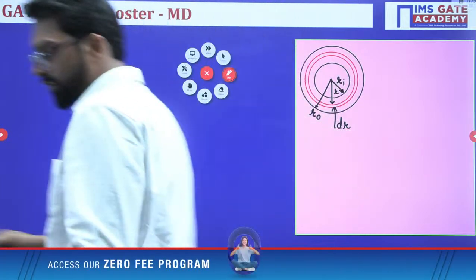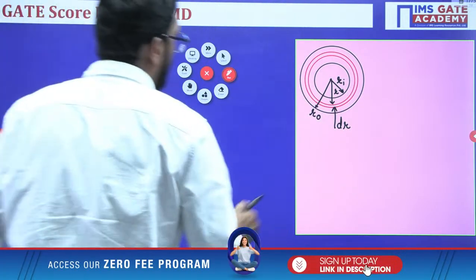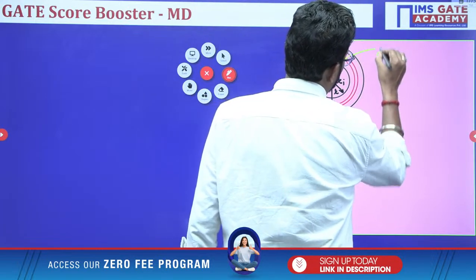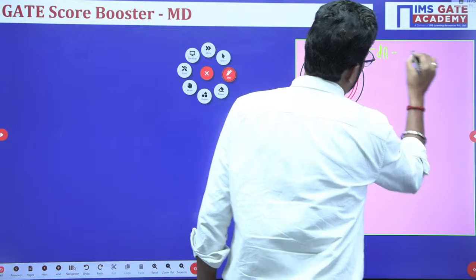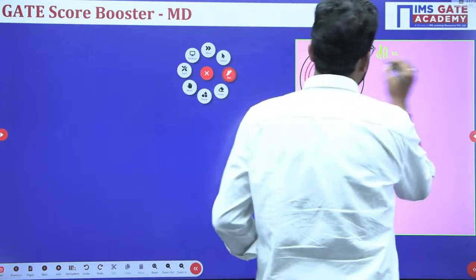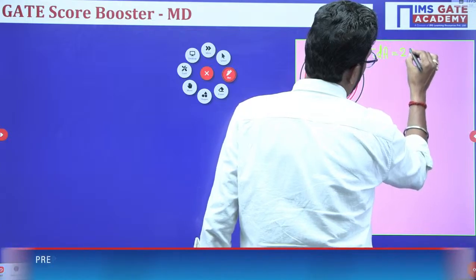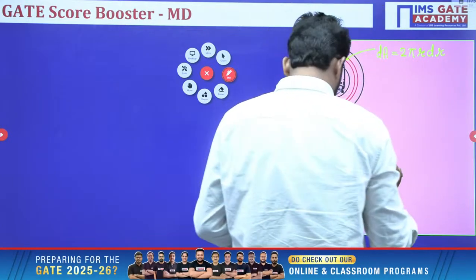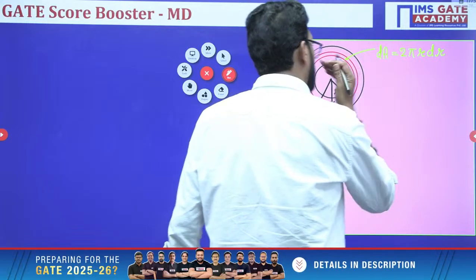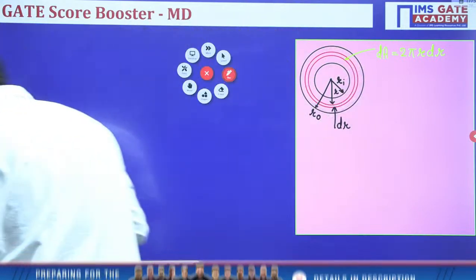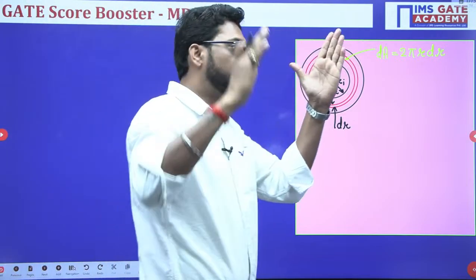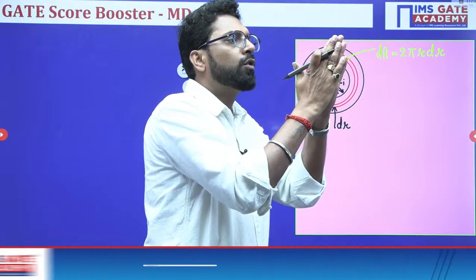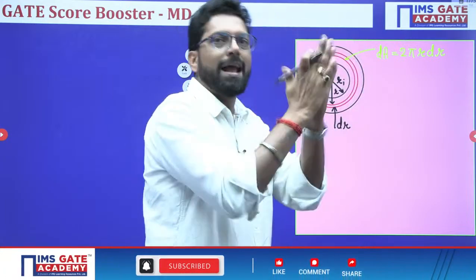First, what is the area of this ring, dA? The area is 2 pi r dr. This is the elemental area of the ring. And what is the axial force? To start the performance of the clutch, we apply the axial force.